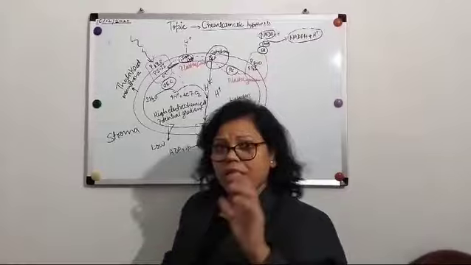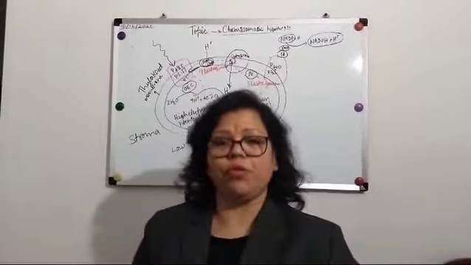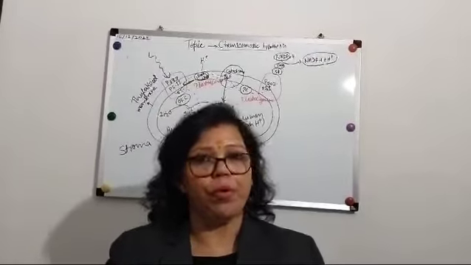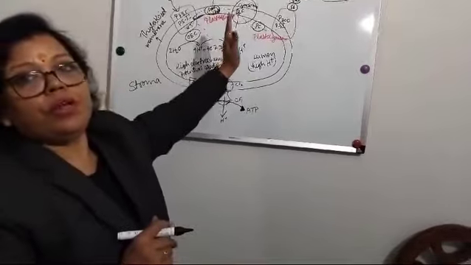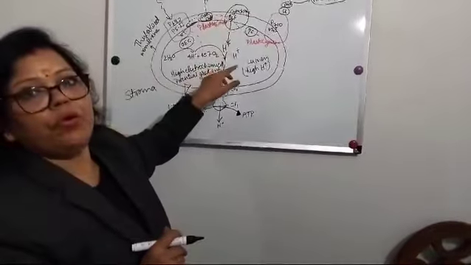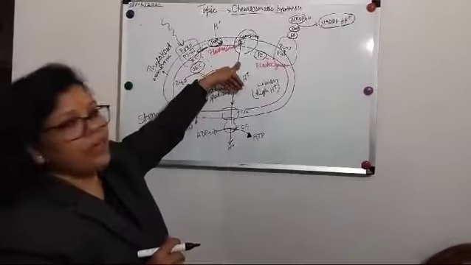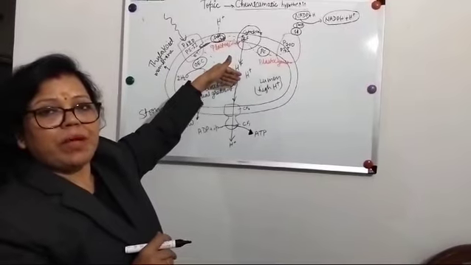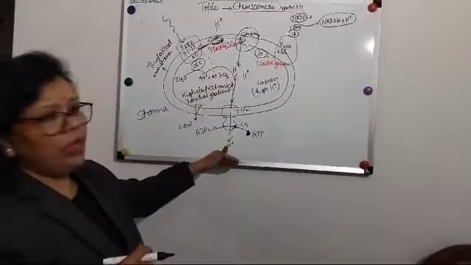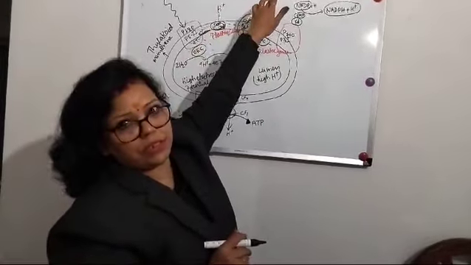Now this hydrogen potential gradient is very important. Why? Because when the proton gradient is more in the lumen, it must be transferred to the stroma, because the name is chemiosmosis.